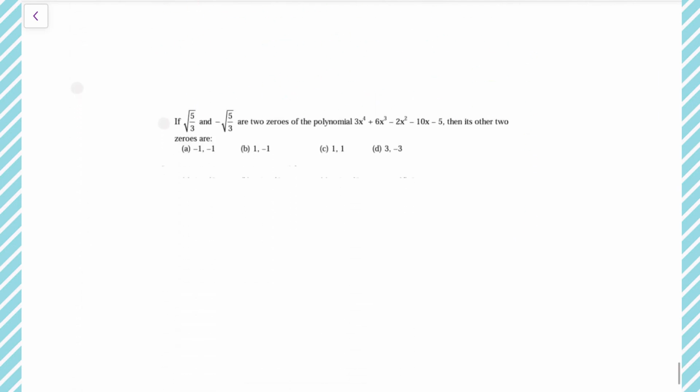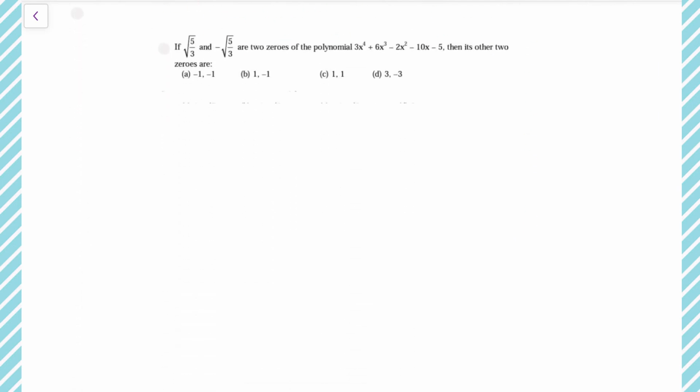Next, if root 5 by 3 and minus root 5 by 3 are two zeros of the polynomial, then find its other two zeros. So instead of going with the long division process, directly I will substitute from the options. Here minus 1 comma minus 1 is there, so I will substitute minus 1 first of all in the place of given polynomial.